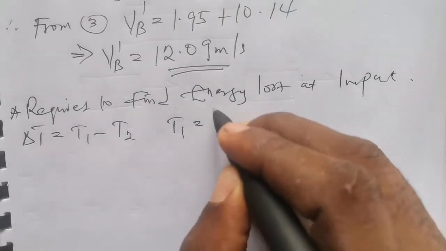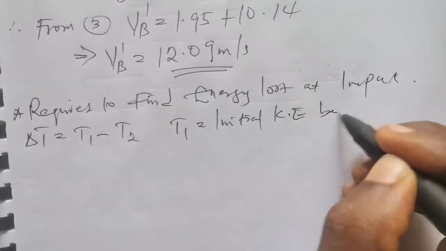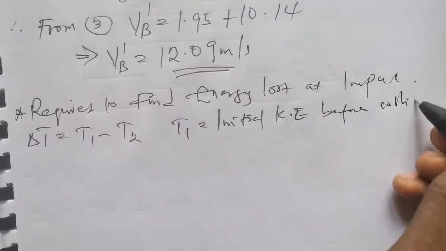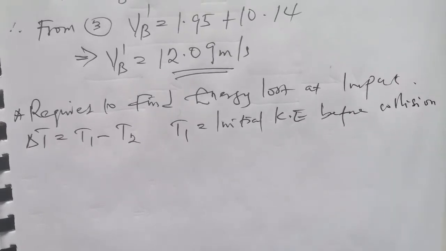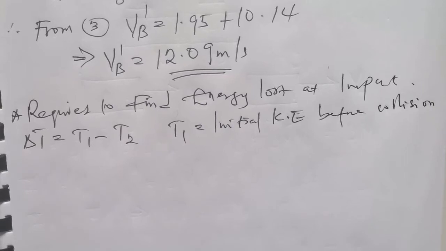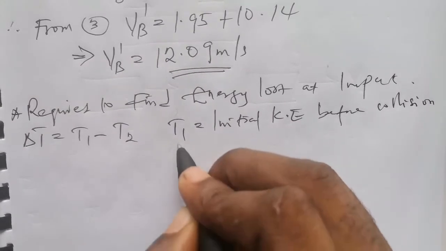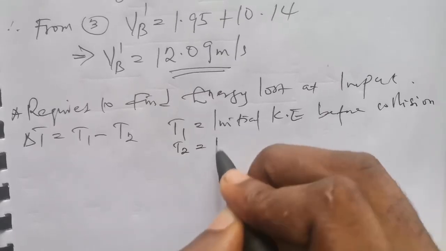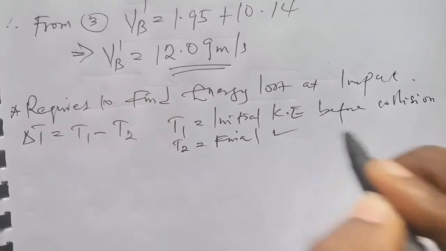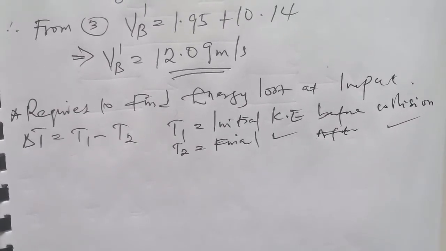Since these objects possess mass and velocity, they possess kinetic energy. So this is the initial kinetic energy before collision, and T2 is the final kinetic energy after the collision has taken place.